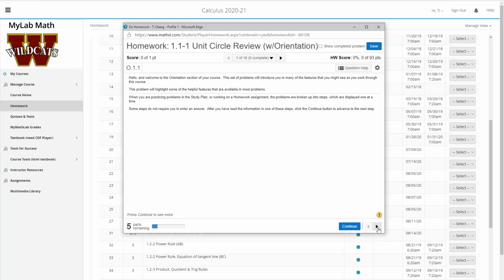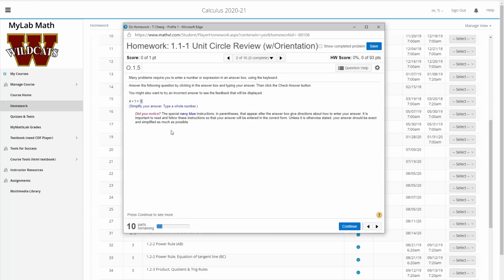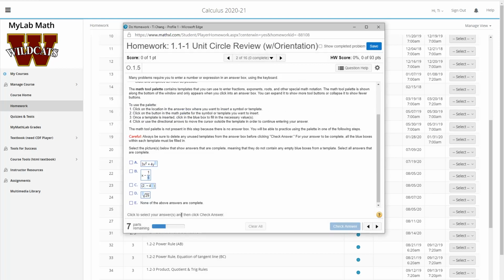It's not too terrible. It's going to help you practice using my math lab by entering the answer in and then hit check answer and such. And it shows you that there's different blue things here where you enter numbers.